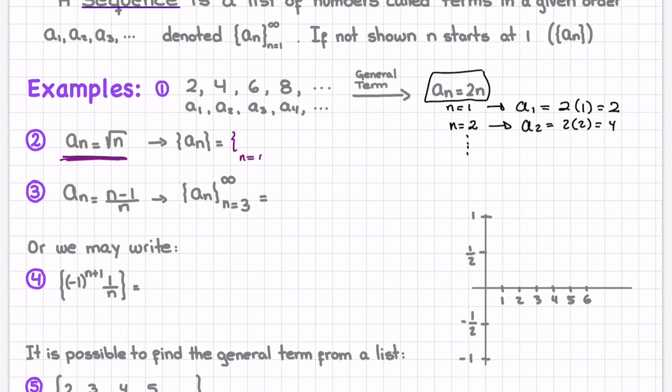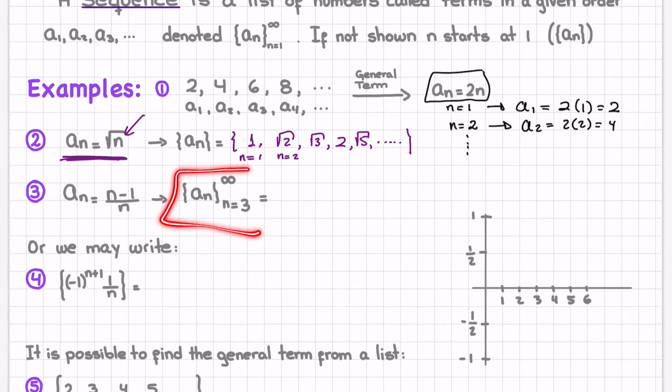You get root of 1, which is 1. Then plug in n equals 2, you get root 2. Then root 3. Then root 4, which is 2. Then root 5, and so on and so forth. And then you do the dots, and that will give the list of that corresponding sequence.